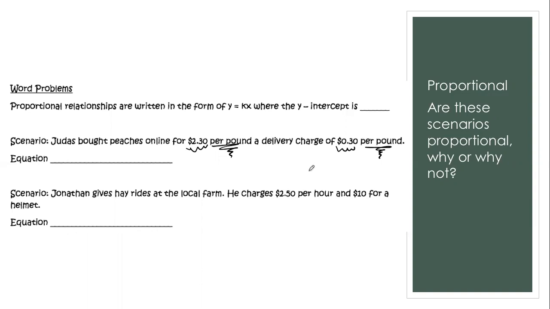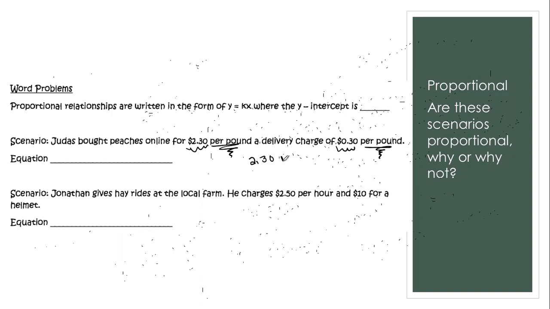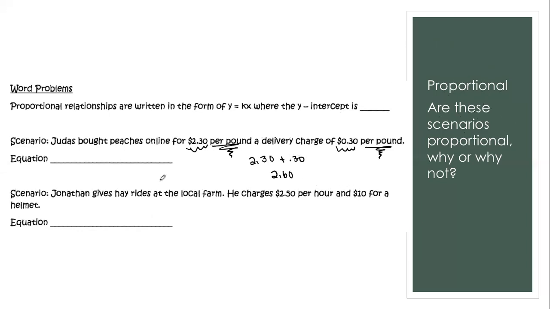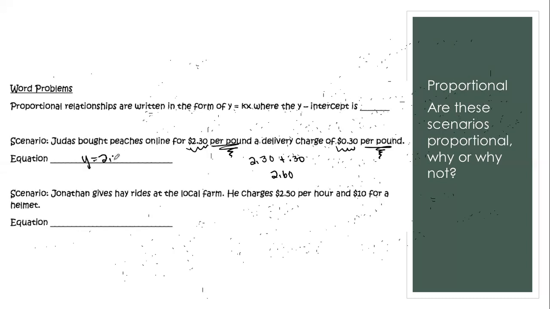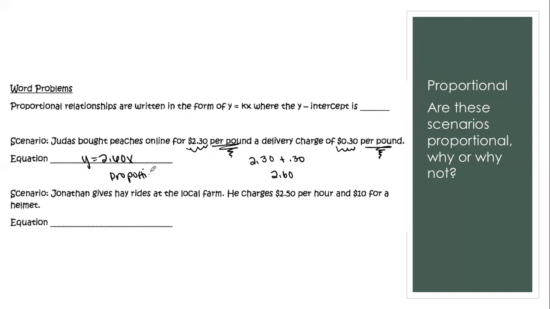They both are being charged per pound. So they're both the slope, or both the constant of proportionality. So I could just add them together, giving me the equation y equals 2.60x, meaning they are proportional, because there's not a one-time fee or an initial amount.